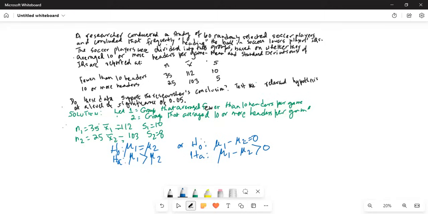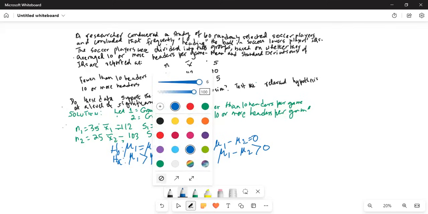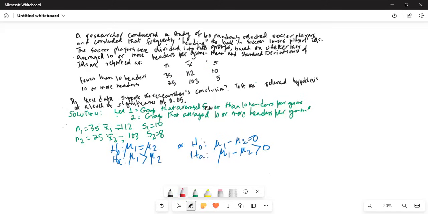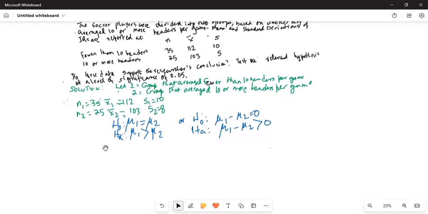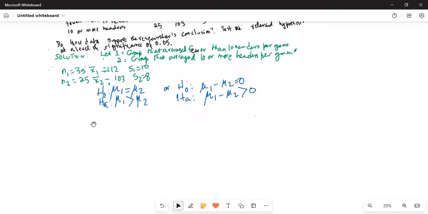Okay, so we have to calculate a test statistic. But before we can calculate the test statistic, we have to do some more calculation. First we need to calculate the degrees of freedom for the t-test we are going to do.